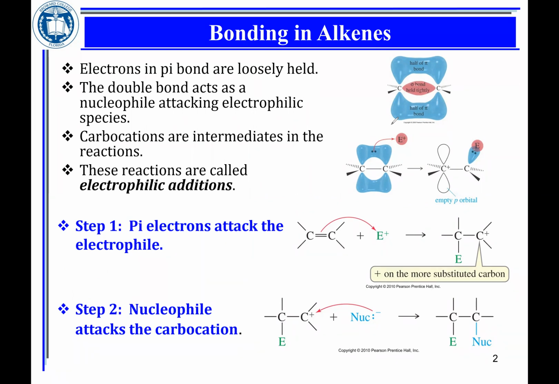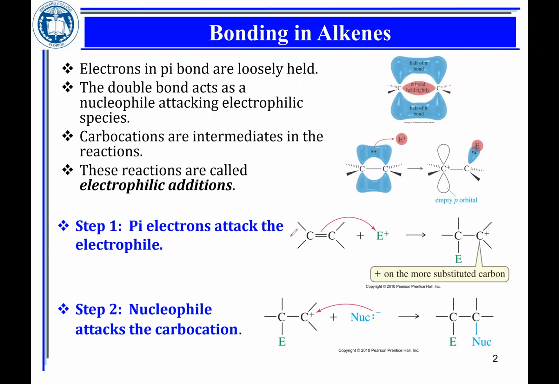So what do we know about the double bond? A double bond is a pi bond and a sigma bond. The pi bond is a weak bond, so you can break it much easier than a sigma bond.